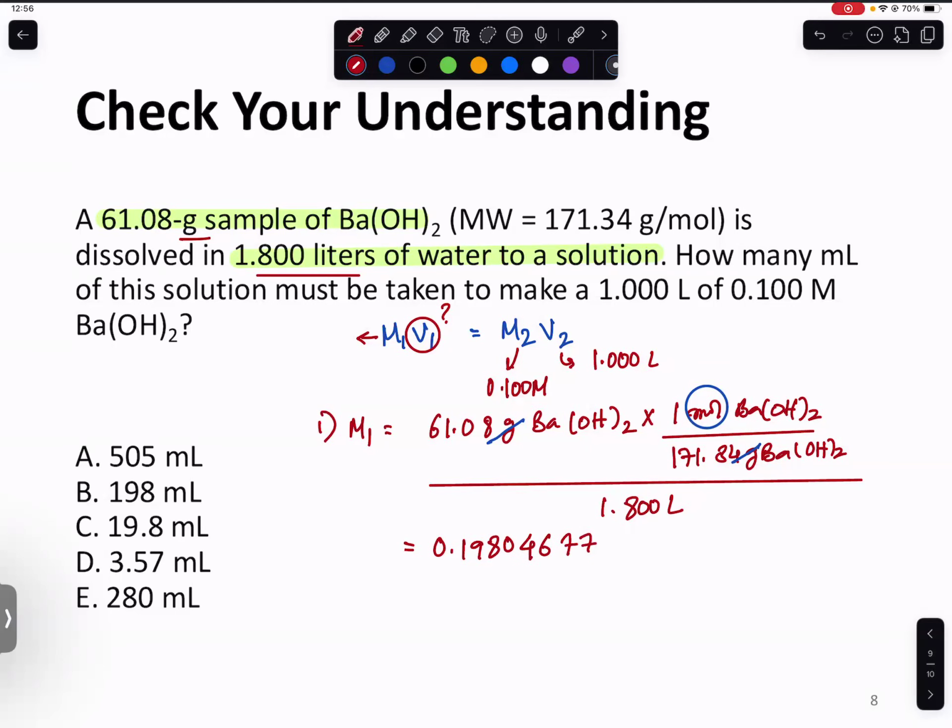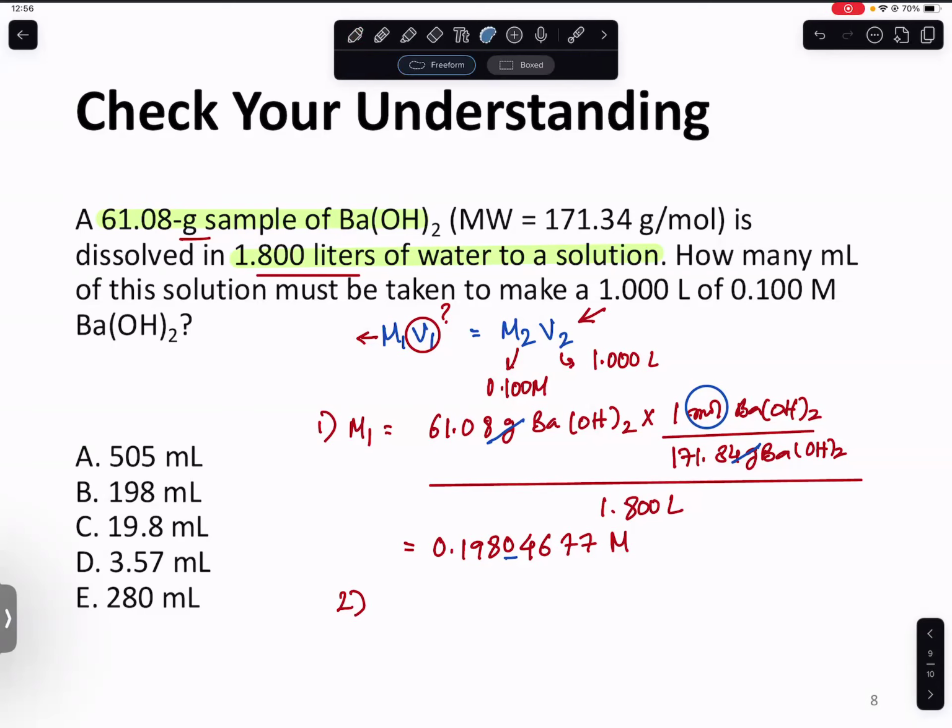0.19804677. Now let's very quickly look at the lowest number of sig figs. It is 4 sig figs, and it should be here. So this is the molarity, M1. And then the second step becomes very easy because we're going to plug in our first equation up here, M1V1.